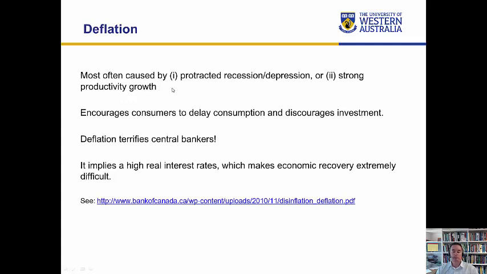If you've got very strong productivity growth driving production costs and prices down, and there's enough competition and enough markets in an economy, then inflation in such an economy could actually move towards zero and may actually become negative if this process is strong enough. So I don't want you thinking that deflation can only occur during recessions or depressions. It can occur during periods of very strong productivity growth.